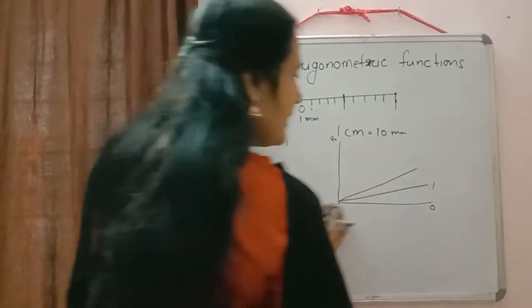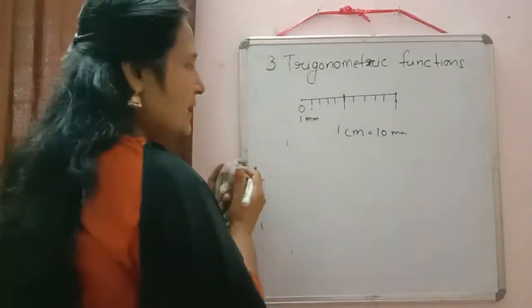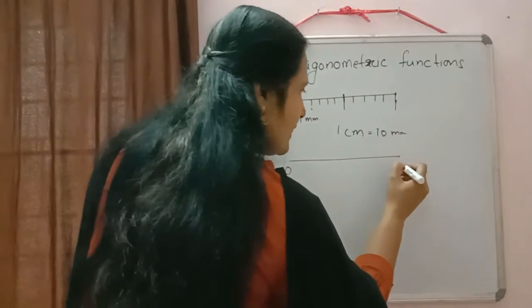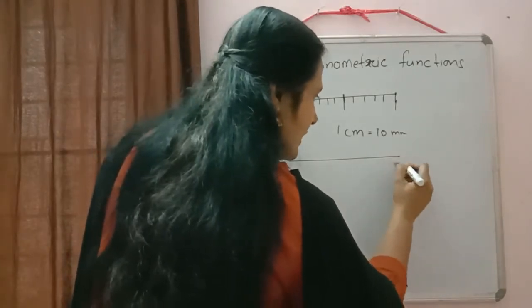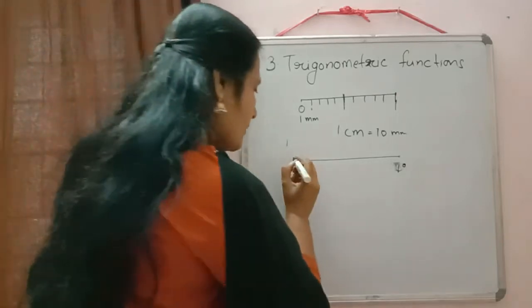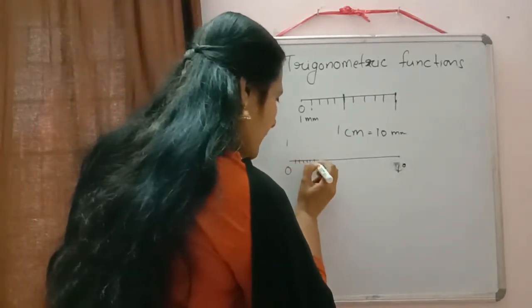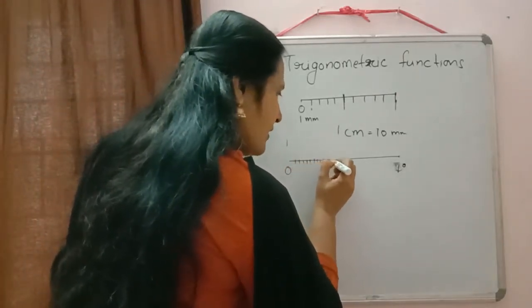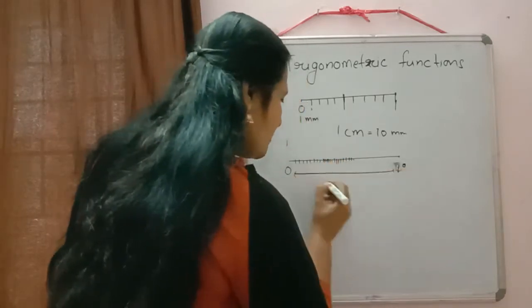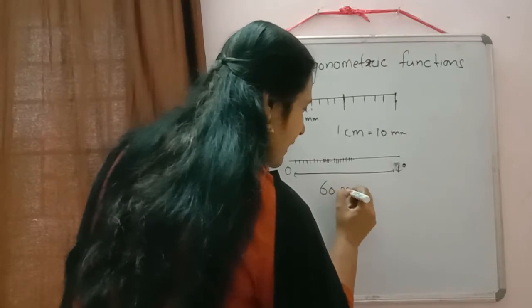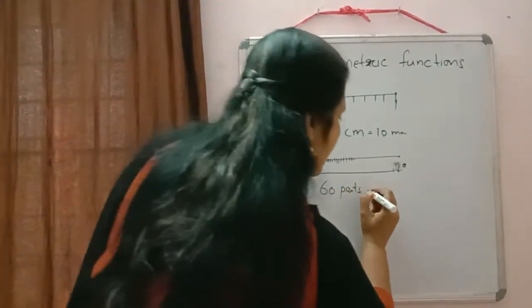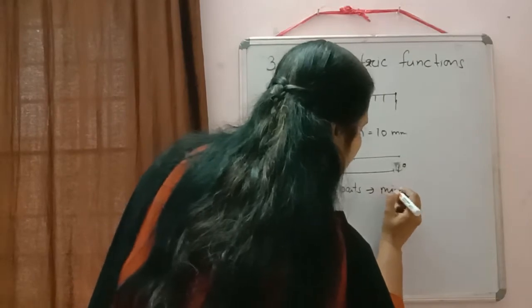But when we are writing in degrees also, the portion between 0 degree and 1 degree is divided into 60 small parts, and each part is called a minute.